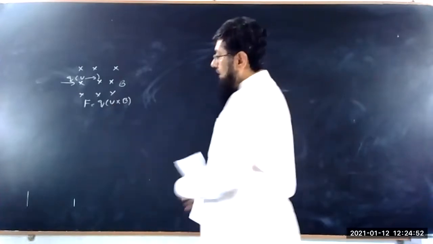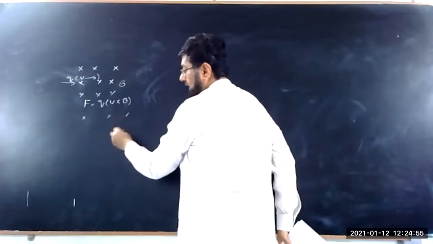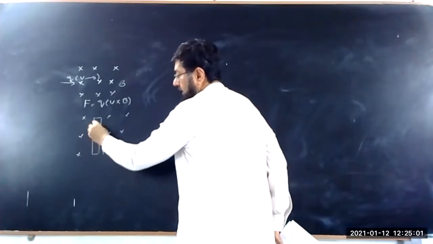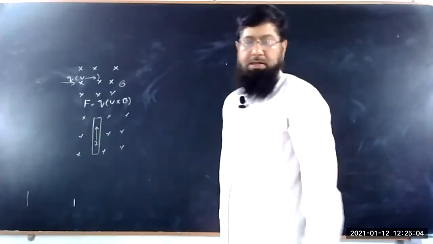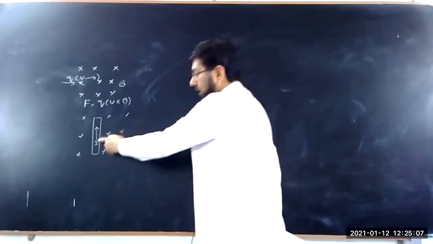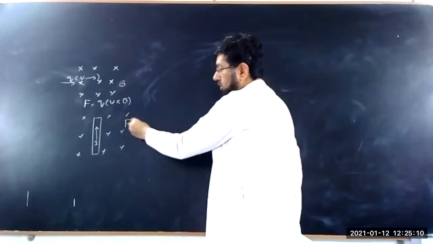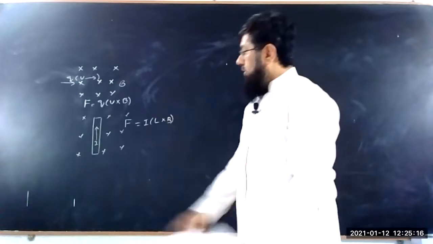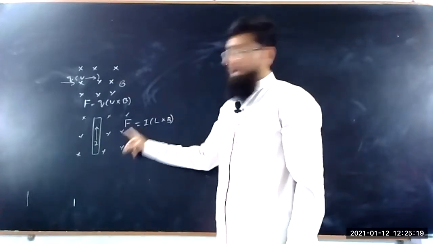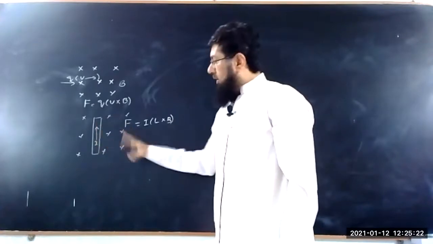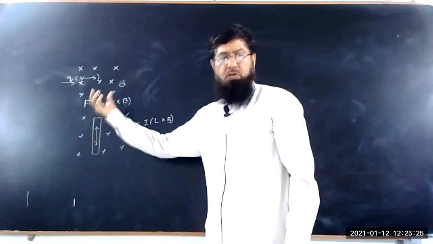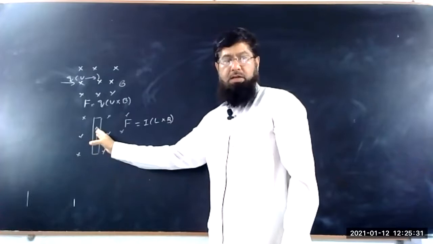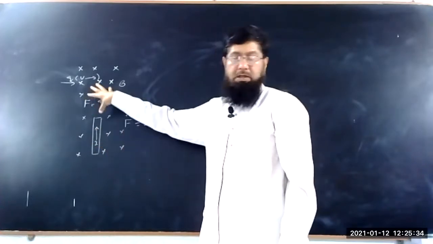Instead of a single charge, if a wire carrying current I is placed in a magnetic field, then again this wire will experience a force, which is equal to I L cross B. This is the force experienced by the wire carrying current I. So when the charges are moving, whether as a single isolated charge or in the form of current, in both cases it will experience the magnetic force.